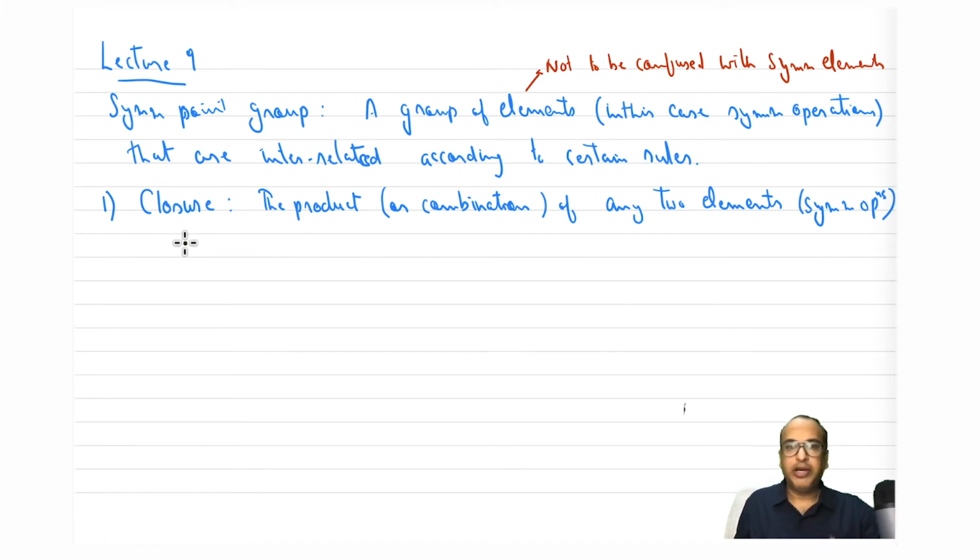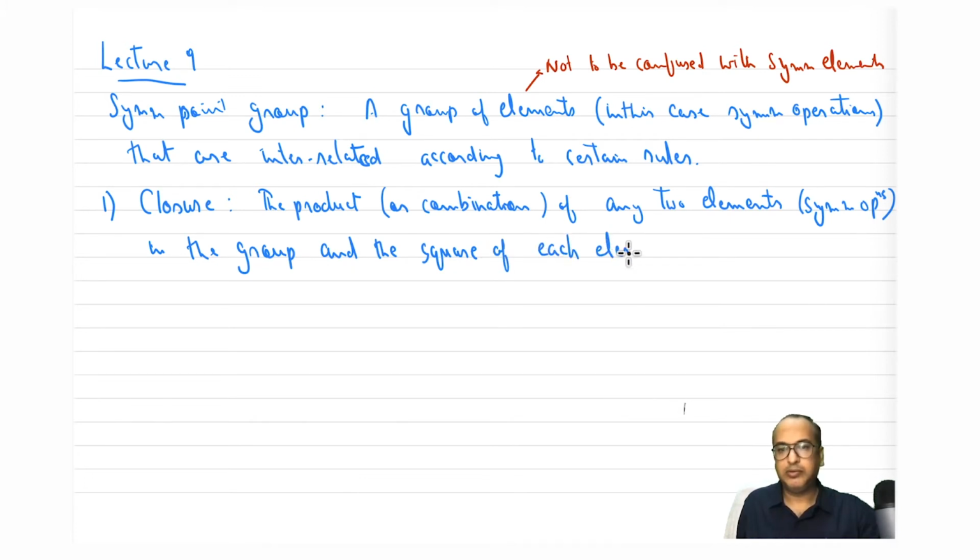So the product of any two elements in the group and the square of each element must be an element in the group.